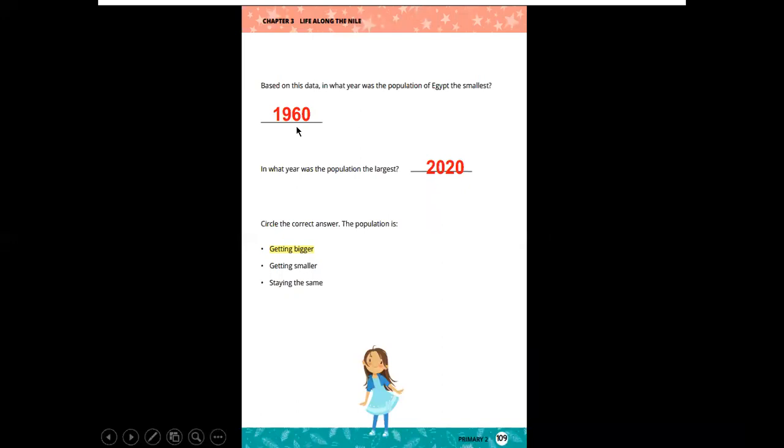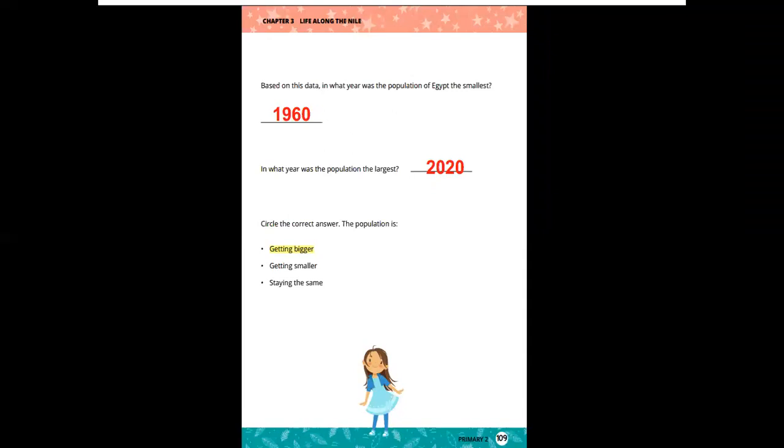There were only 25 million people. Next question. In what year was the population the largest? Of course, it is during this year, which is 2020. Do you remember the number of glasses of water? It was 10.5 glasses of water.